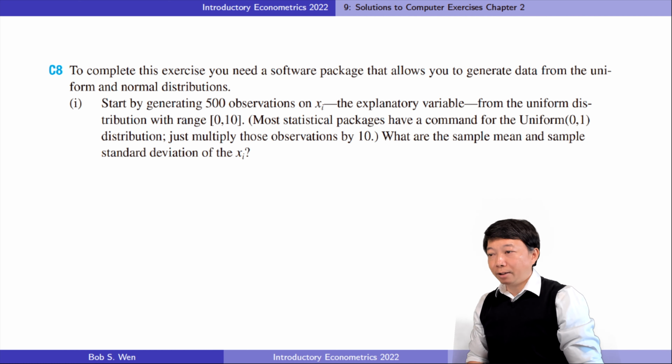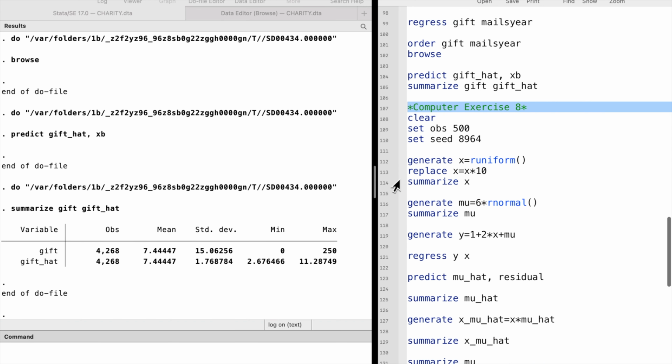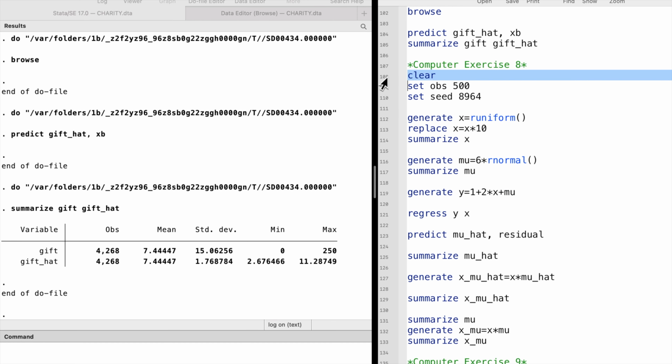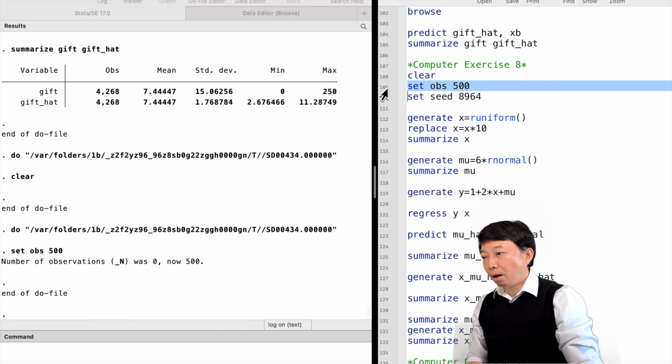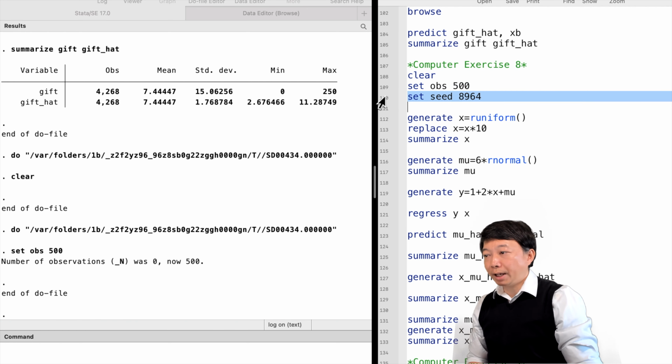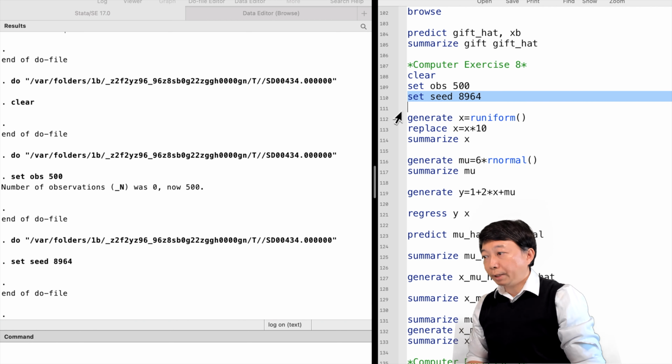Next, let's do computer exercise 8. In Stata, the function runiform is for generating uniformly distributed random numbers over 0, 1. I first type set obs 500 to set the sample size. Next, I set the seed equal to 8964 so that the results are reproducible.